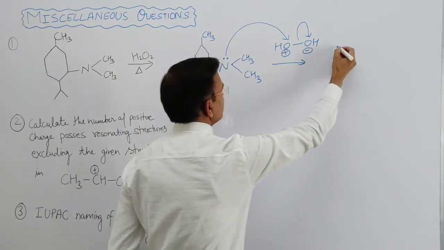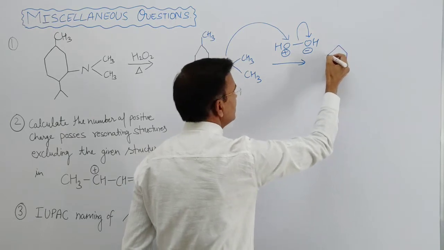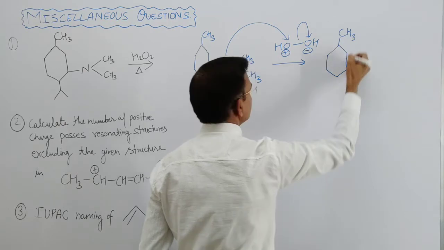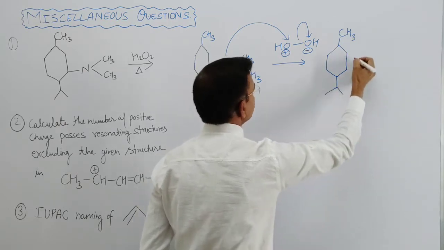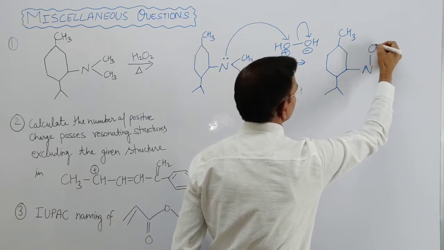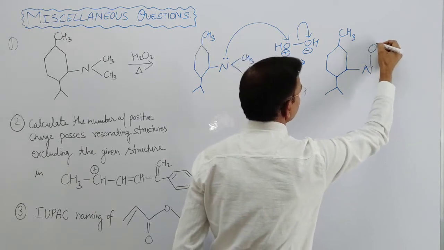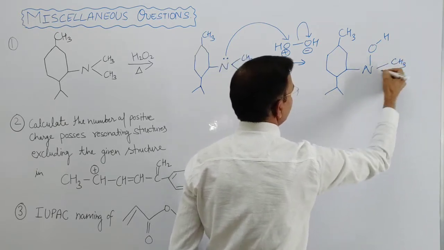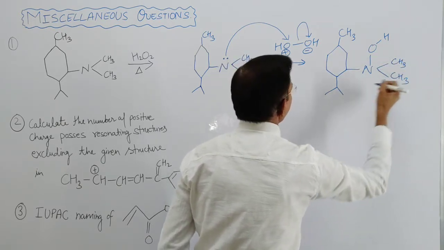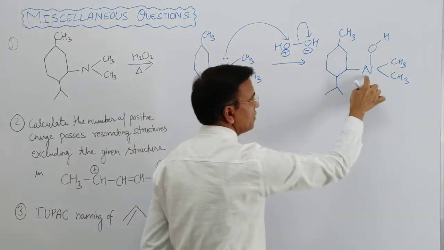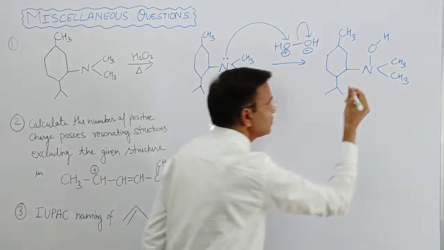Then the species formed will be here attached to OH, and two CH3 groups are there, and because the lone pair is shared with the OH group, nitrogen possesses some positive charge.